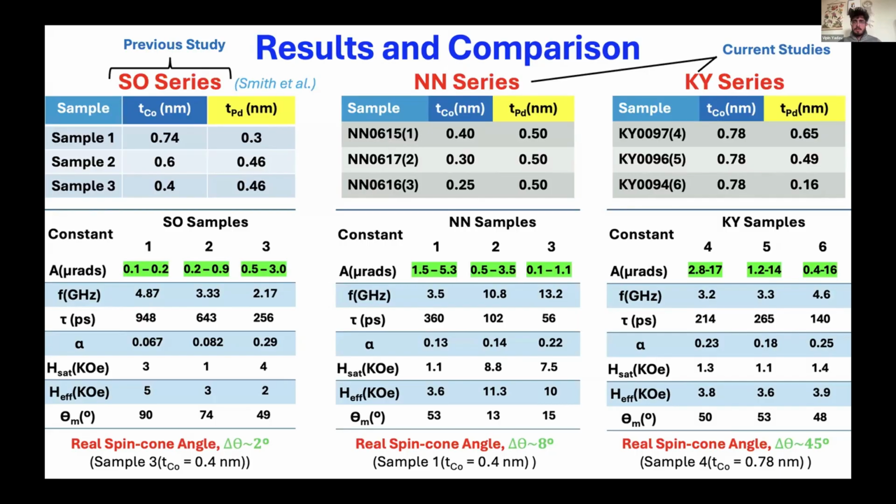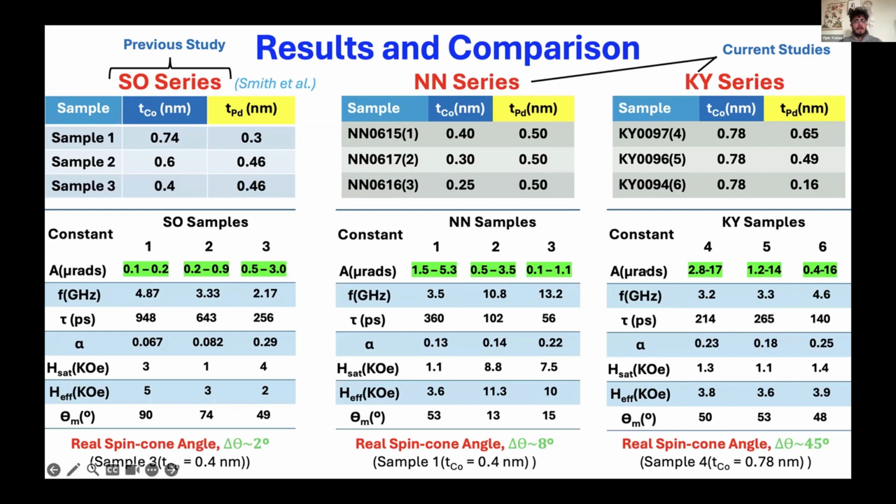So that proves that the whole precession is coming from the cobalt thickness only, and that's the only thing that matters for the amplitude of the precession. However, the palladium thickness provides the spin pumping.